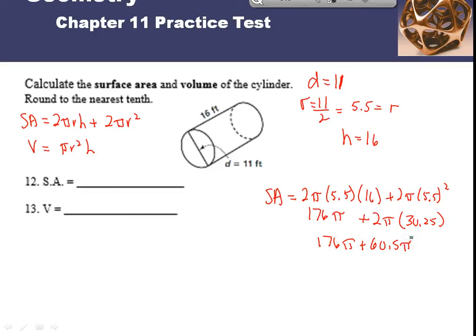And I'm going to add those together, and I get 236.5 pi.